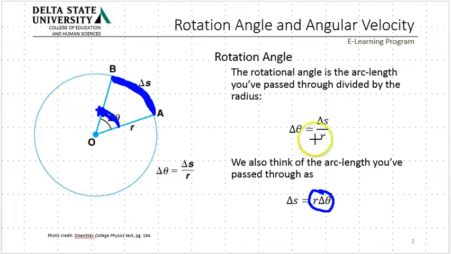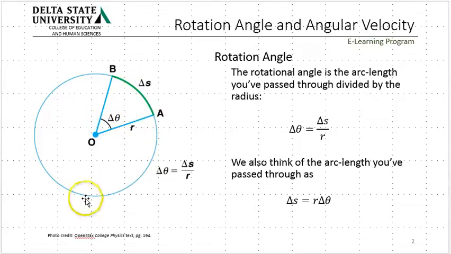Or, if you know the length, delta theta is that length divided by the radius. So pretty simple relationship here. The arc length, the length from A to B along this circle, is just the radius of the circle times the angle that we've gone through.